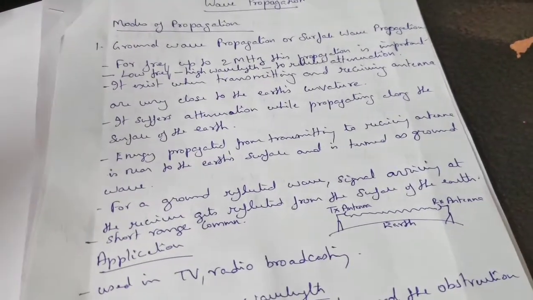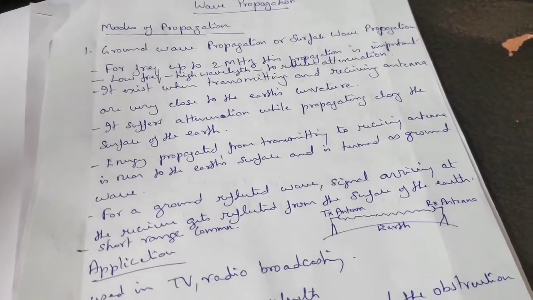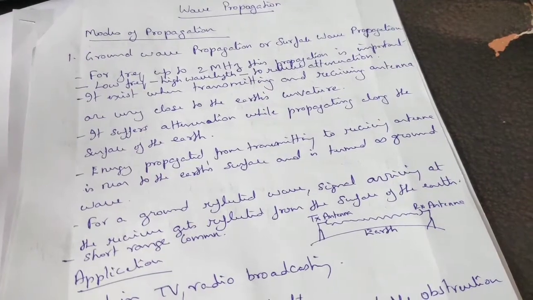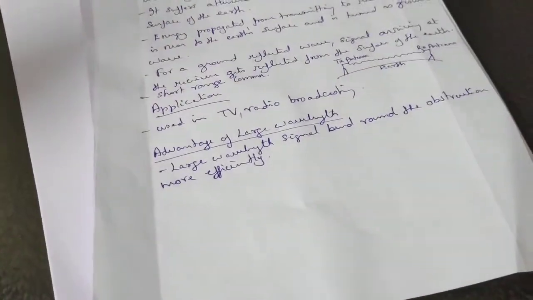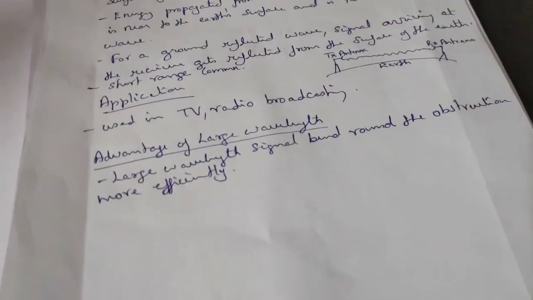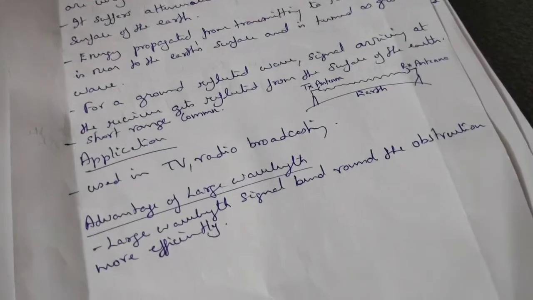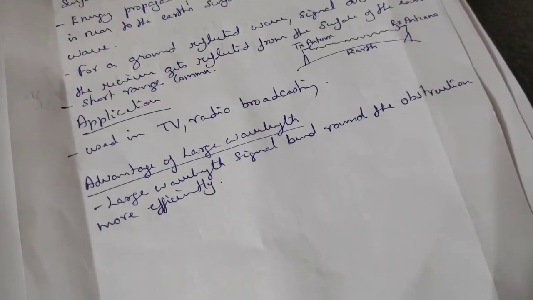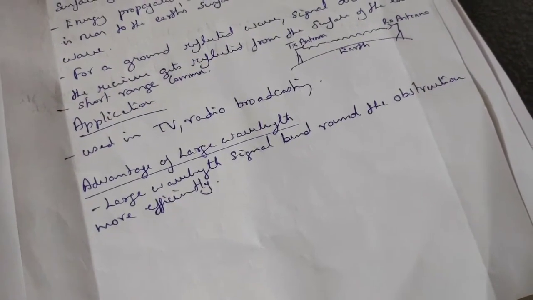Where are the applications of ground wave propagation, which is also called surface wave propagation? It is mainly used for television and radio broadcasting. What are the advantages of large wavelength? Large wavelength signals bend around obstructions more effectively.